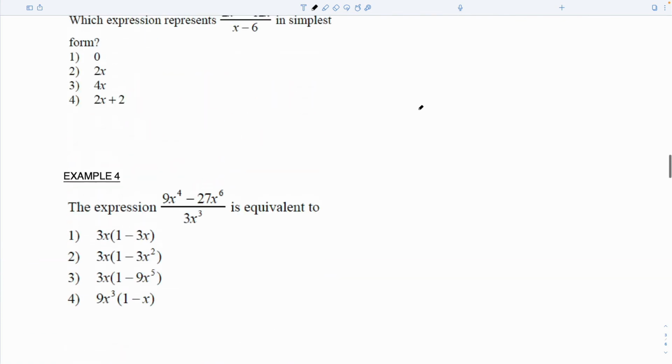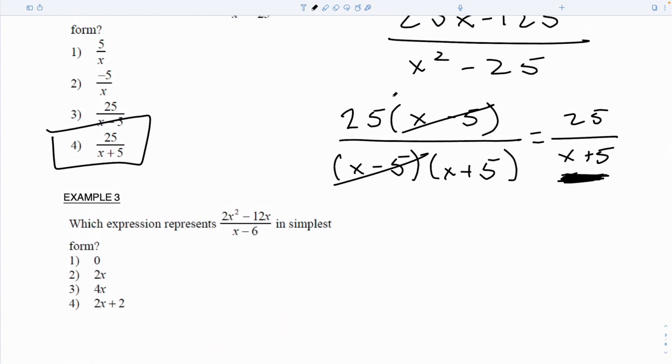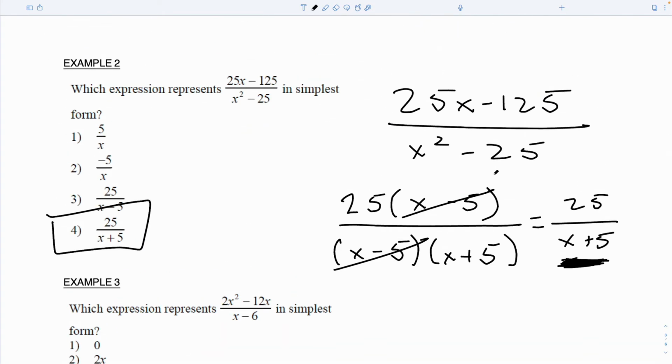Let's do one more, then we'll switch to a partner one. Tony? Can we just solve this in our head though? If we crossed out the x squared with the x on top, that left just one x, and then we divided the 125 by 25, can you just do that and leave the 25? I see what you're doing. I don't think so.